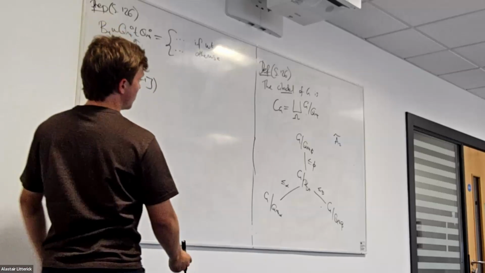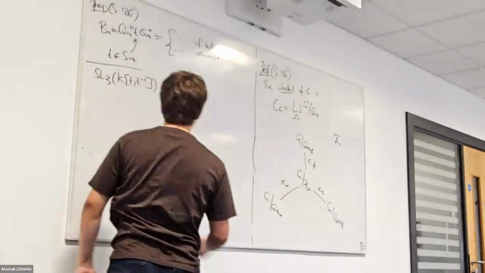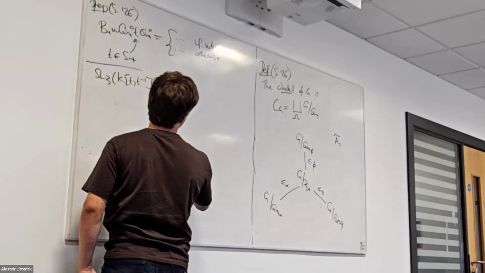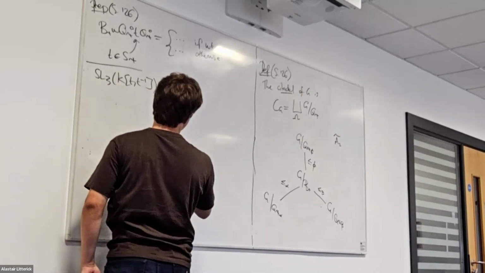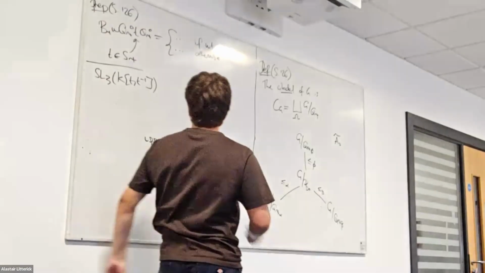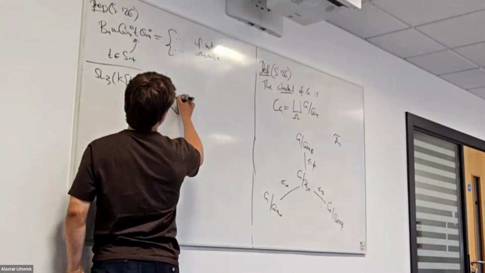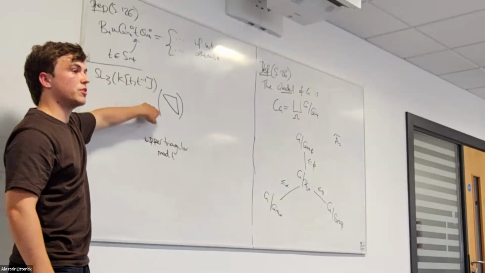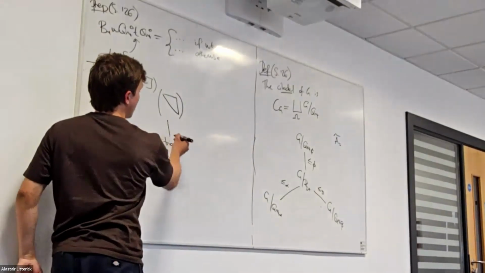So your central Borel subgroup is upper triangular mod T. And then this guy up here is the upper triangular matrices. Okay, this is a non-standard system of roots in an infinite root system. It's quite strange.